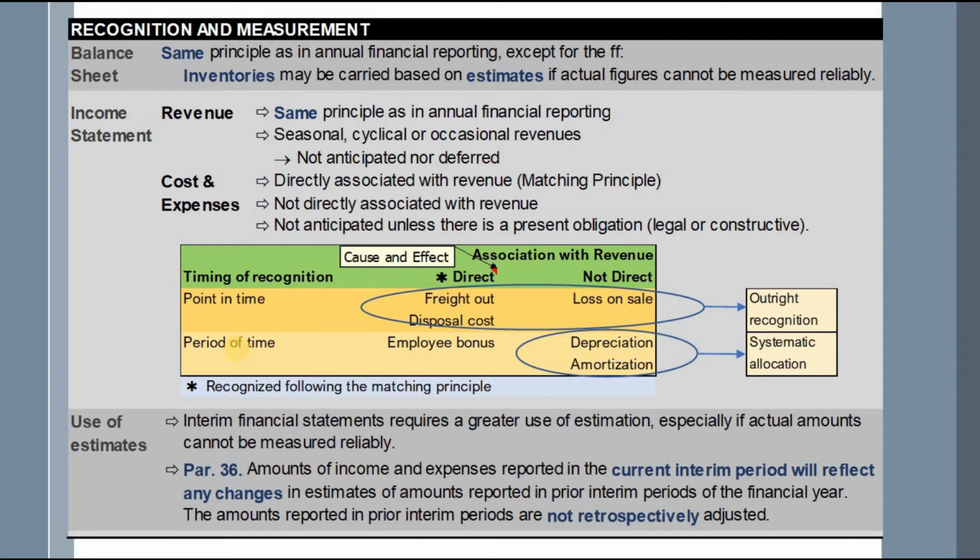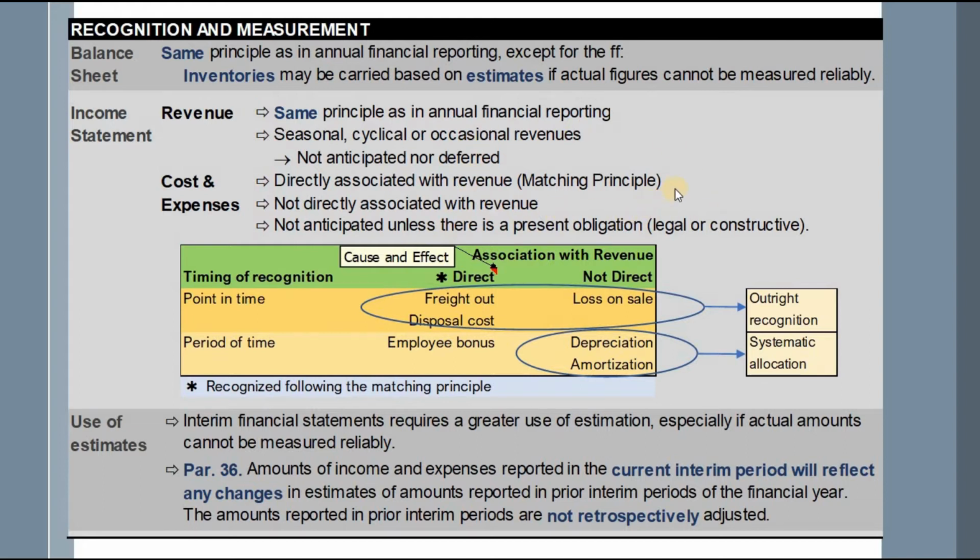Then, these expenses can now be classified whether these are directly associated or not with a revenue. Of course, if the expenses are directly related to a revenue, we are going to follow the cause and effect principle, which is the application of the matching principle.